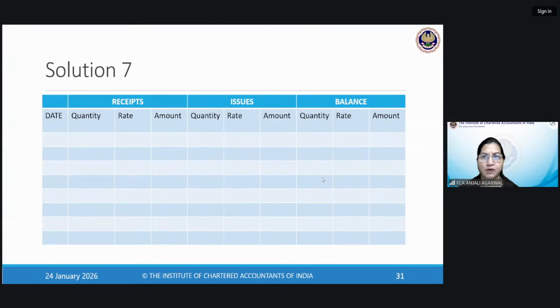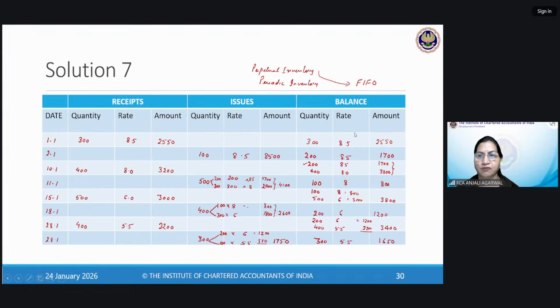If we did the same question using LIFO, and in LIFO, I'll tell you the difference between periodic and perpetual. So first I'll do perpetual and then we'll talk about periodic. We have a constraint of time.